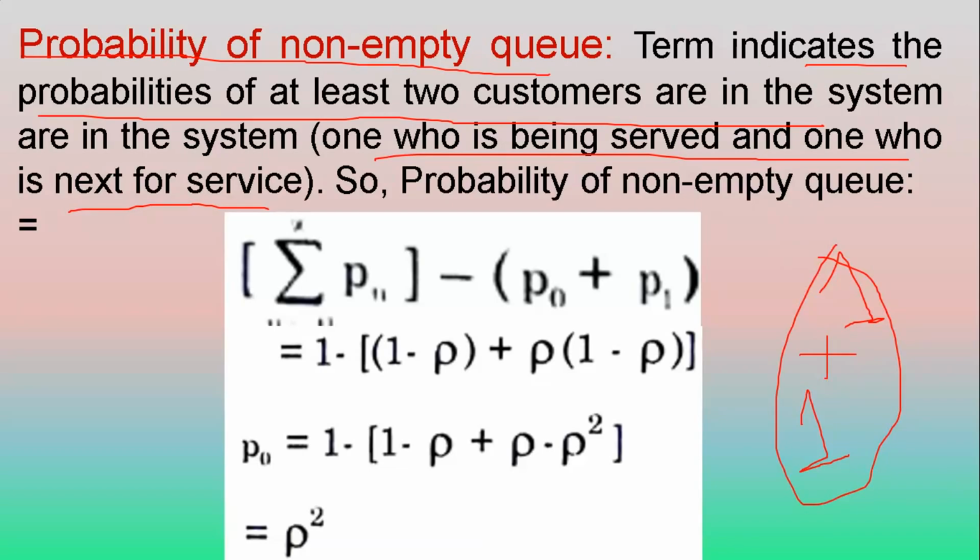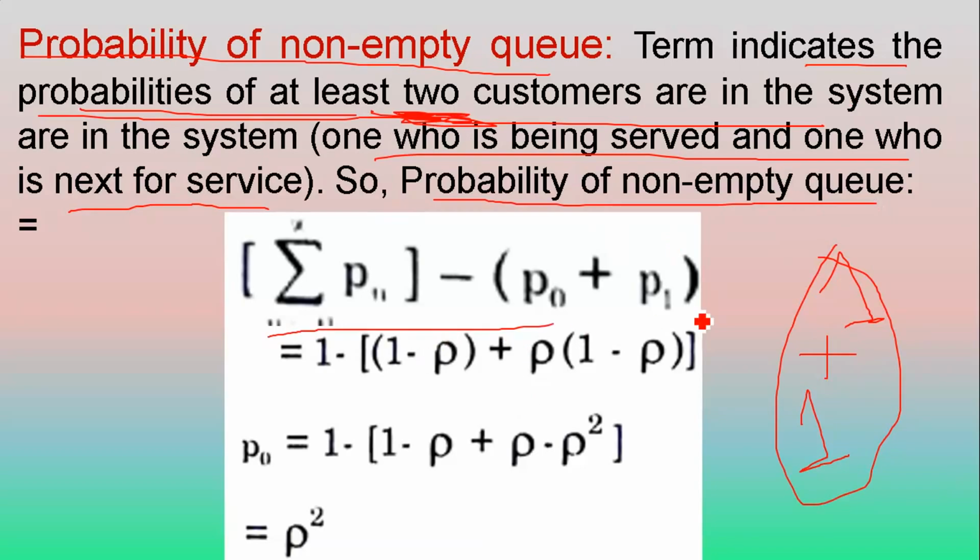So this probability of non-empty queue indicates probabilities of at least two customers. Why two customers? Because one customer will be waiting in the queue and the other customer will be taking service, right? So that probability of non-empty queue will be given by this formula.